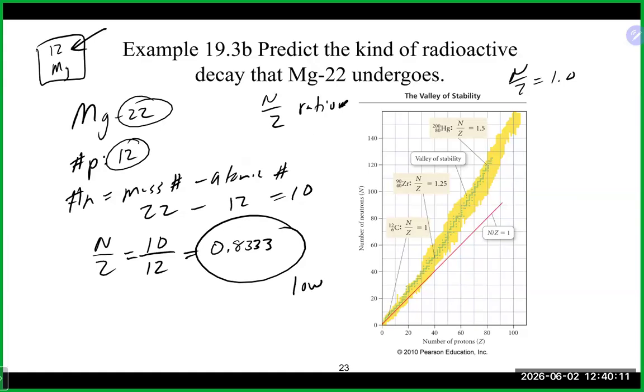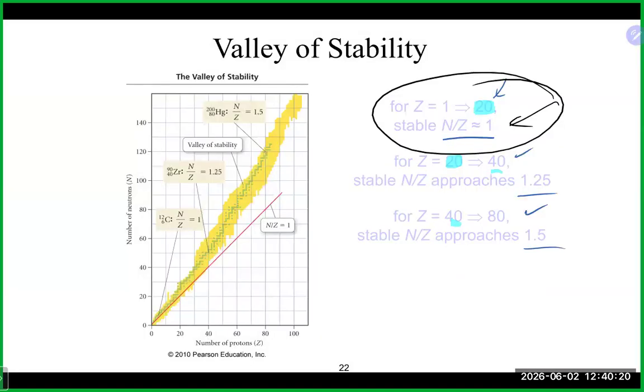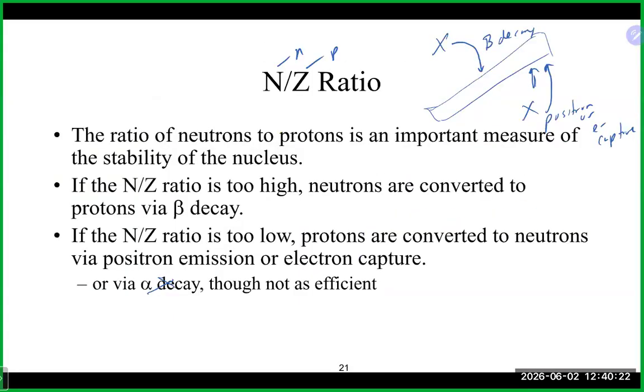So the first thing it's going to tell us is we're down in this area, we need to bring it this way, and it's unstable. So remember, as we saw on this slide, if our ratio is too low, one of two options could occur. It could either do an electron capture, or it can do that positron emission, which, as we just saw, basically gives you the same outcome.